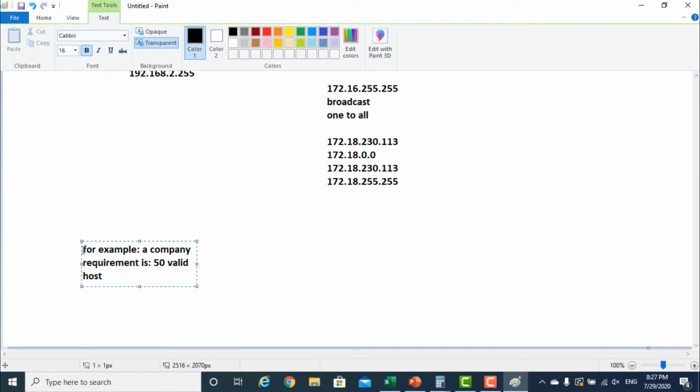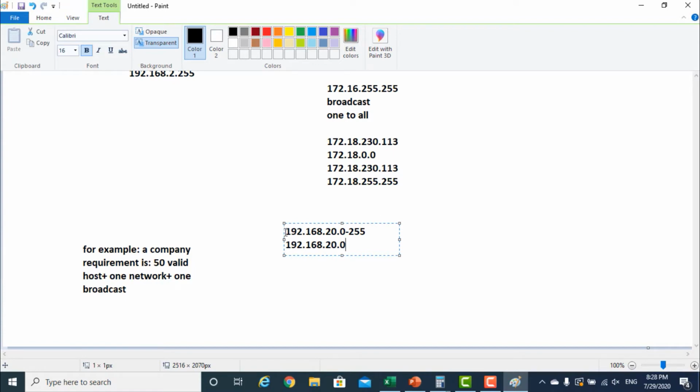But for every network we have one network ID, plus one broadcast also. For every network we must have one network and one broadcast IP. For example, if I take a complete class C IP, 192.168.20.0 to 255, we have a range of 0 to 255. 192.168.20.0 is my network, so one IP is used here.